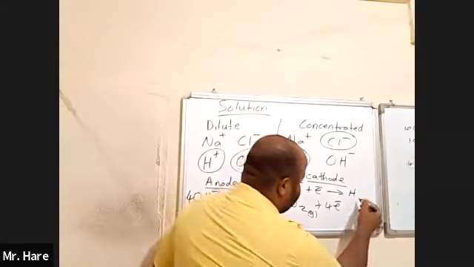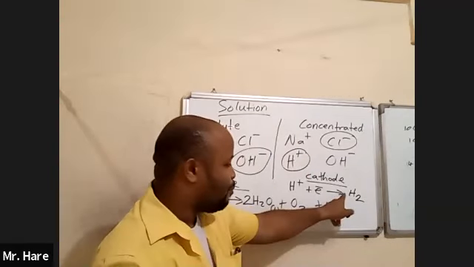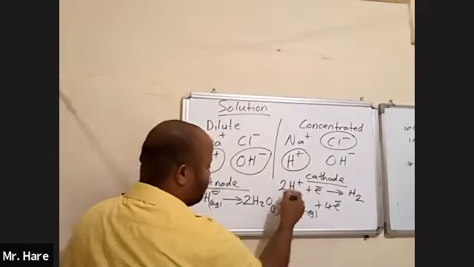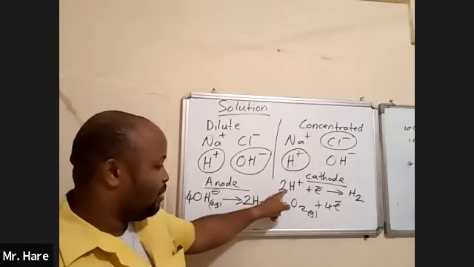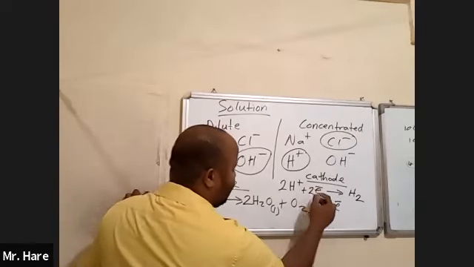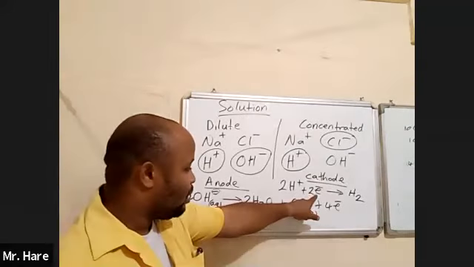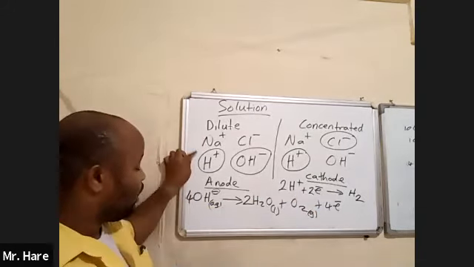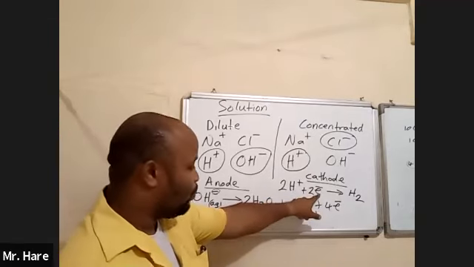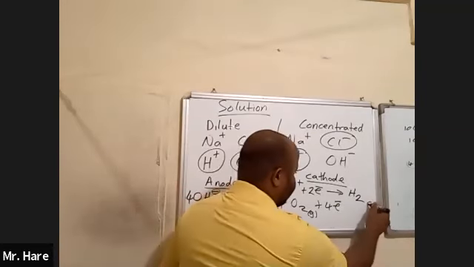It exists as H2. So if you are producing H2, there are going to be 2 hydrogen ions, each gaining an electron, for a total of 2 electrons. At the cathode, you have 2 hydrogen ions gaining 2 electrons to form your molecule of hydrogen.